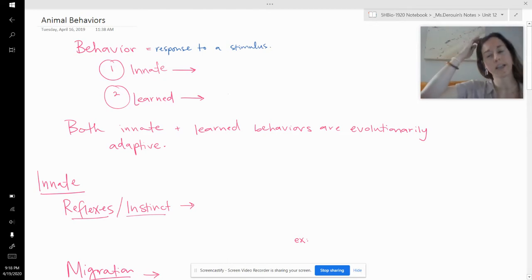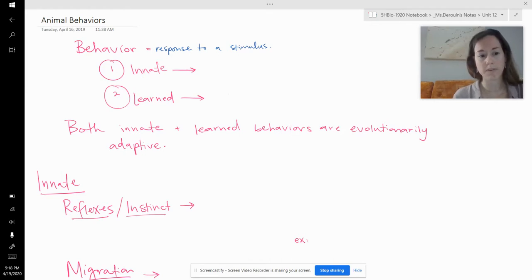And a stimulus is anything in your environment that causes a reaction. It could be a noise, it could be something someone else or something else is doing. It could be a smell, it could be something you ate, so it could be internal. A response to something that's happening in or around your environment is a behavior.